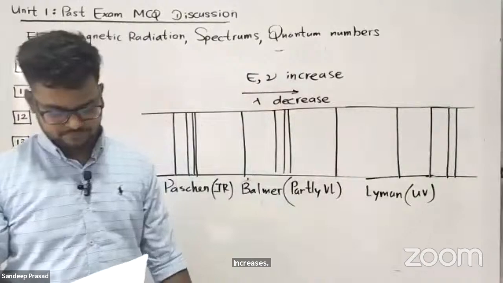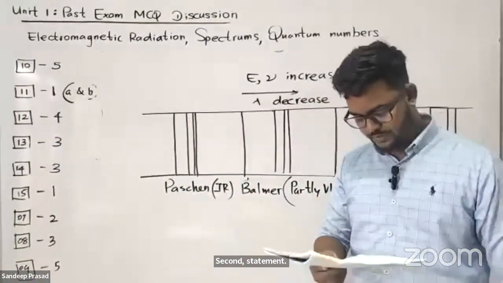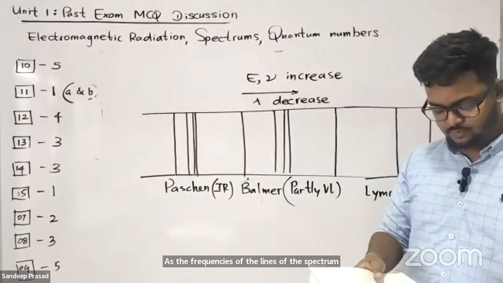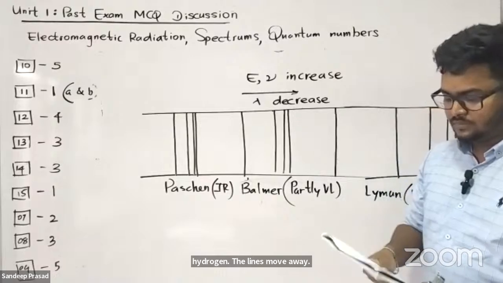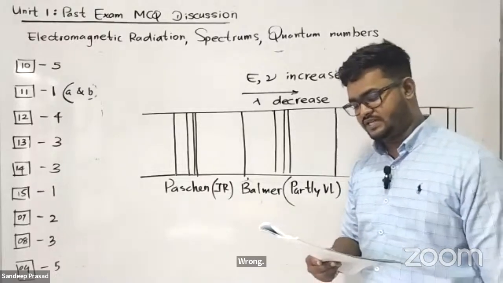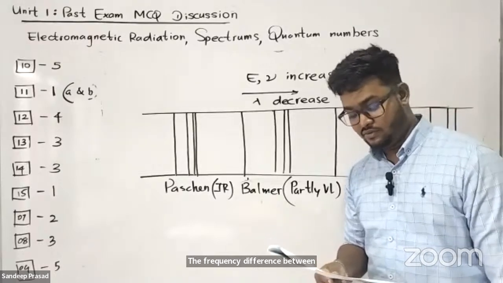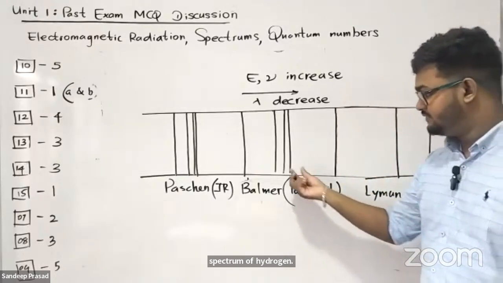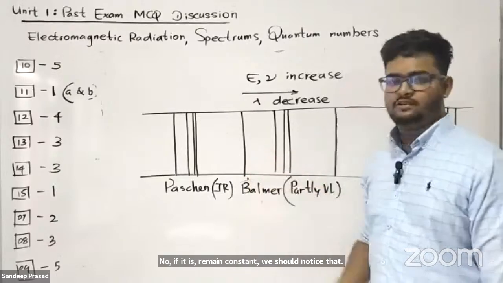Second statement, as the frequencies of the lines of the spectrum of hydrogen increase, the lines move away. Wrong. The frequency difference between successive lines in the spectrum of hydrogen remains constant. No, if it remained constant, we should notice that the gaps between all the lines are equal.